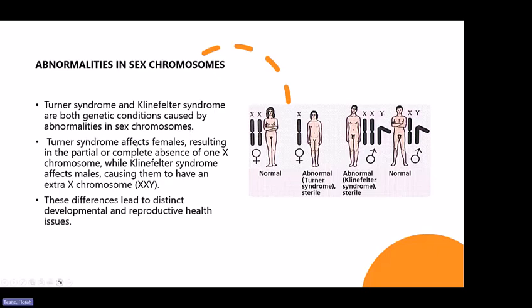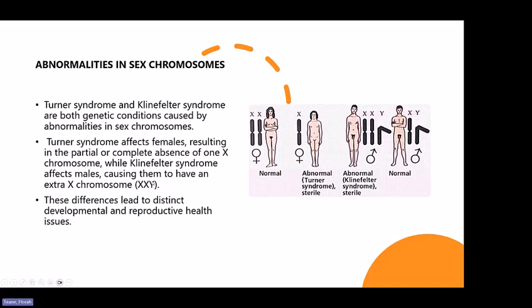Turner syndrome affects females, resulting in the partial or complete absence of one X chromosome, while Klinefelter syndrome affects males, causing them to have an extra X chromosome.